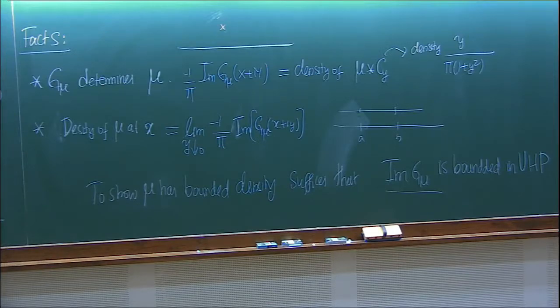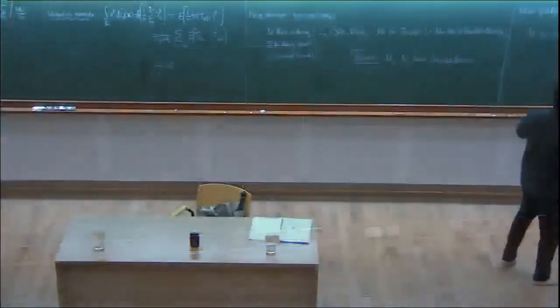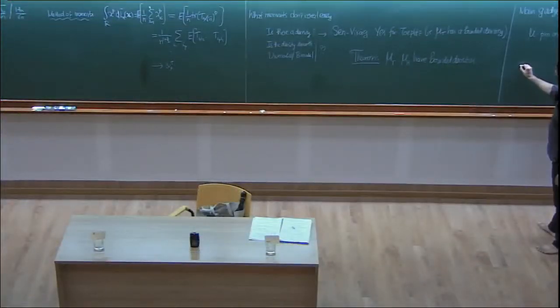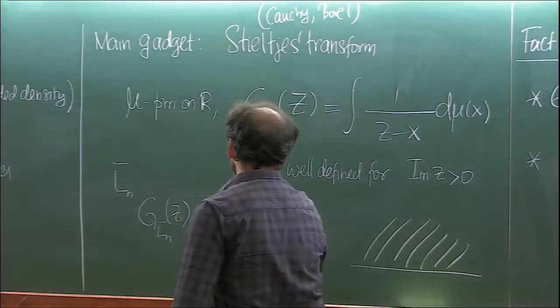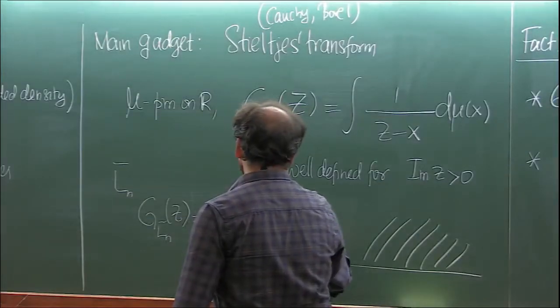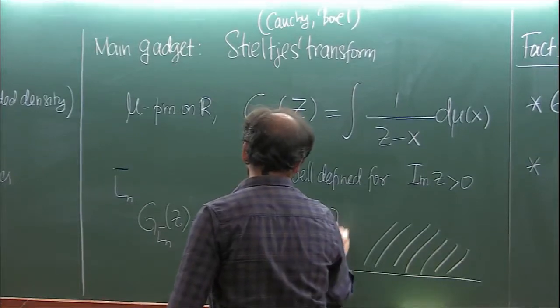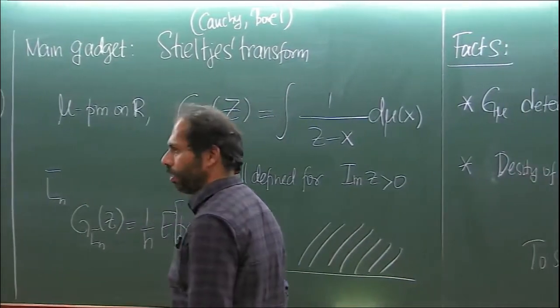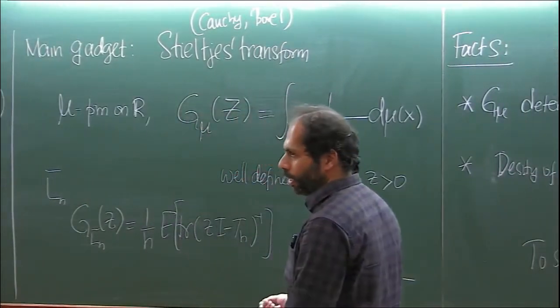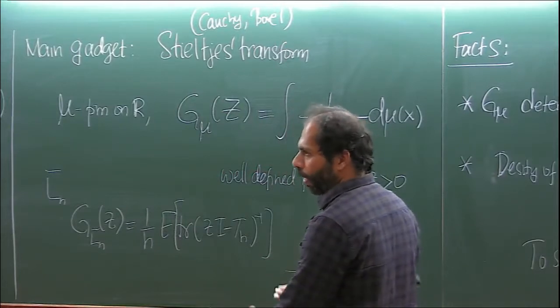In random matrix theory, this is useful for the simple reason that when we talk about L_n bar, what is G of L_n bar? G of L_n bar of z is nothing but 1 over n times the expected trace of (zI minus T_n) inverse, say if we are talking about the Toeplitz random matrix. That is the reason why we may have a handle on this.